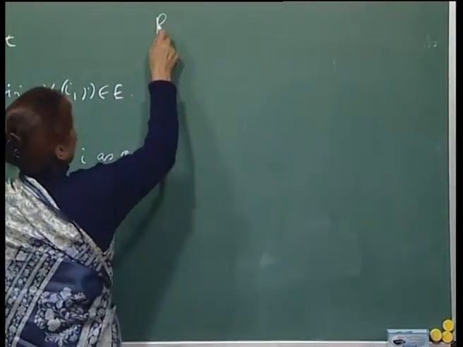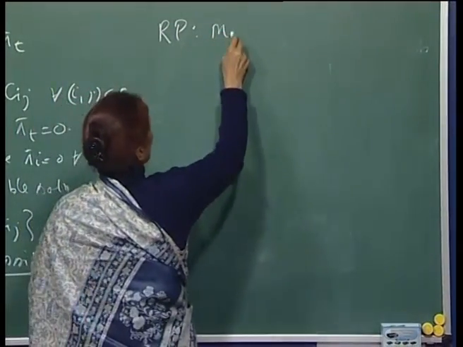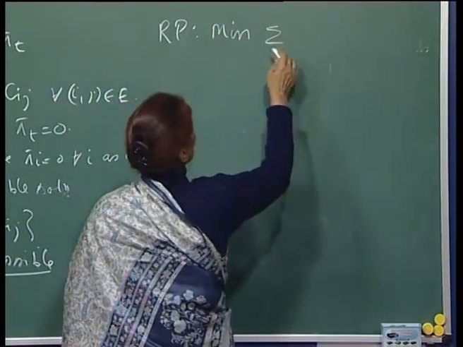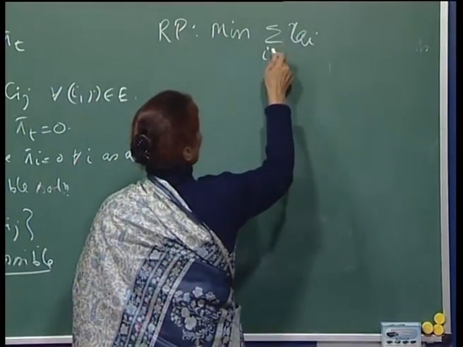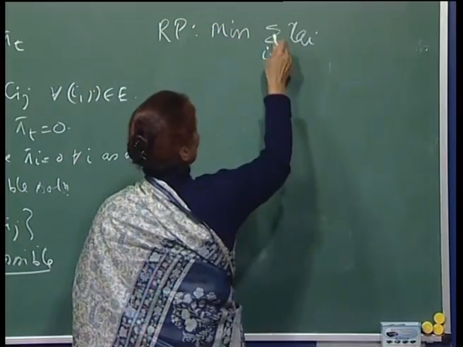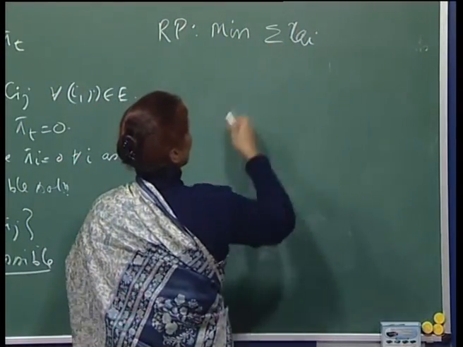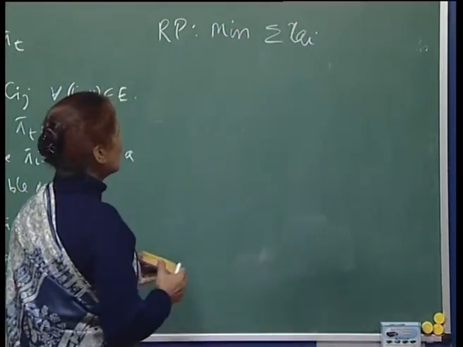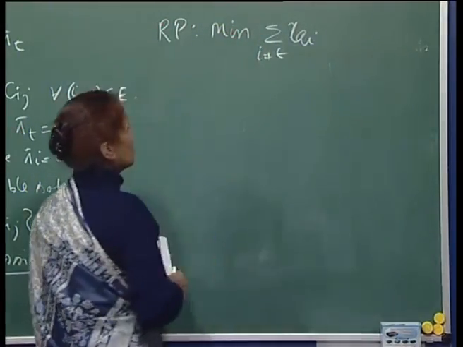The restricted primal would be: minimize the summation of x a i, for i not equal to t, otherwise you are summing over all.